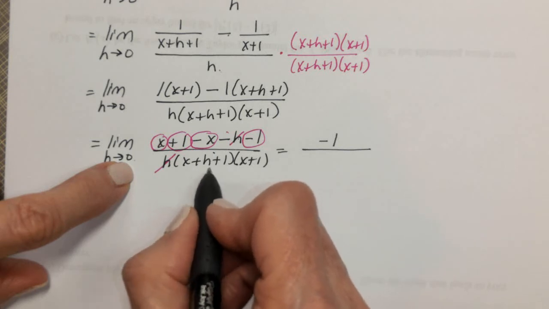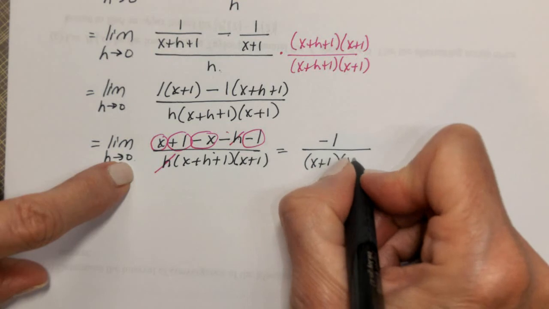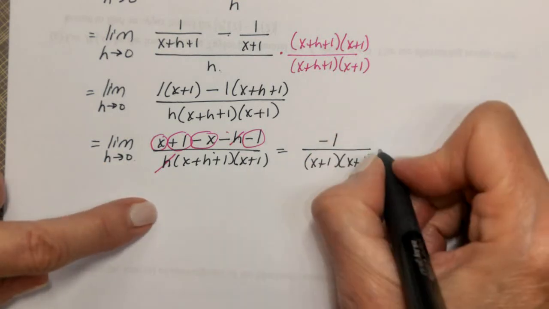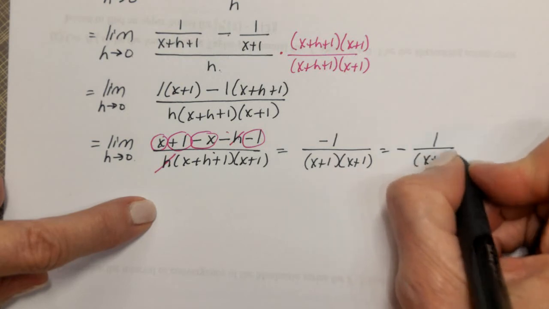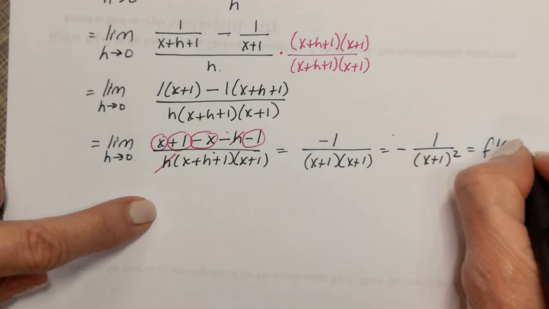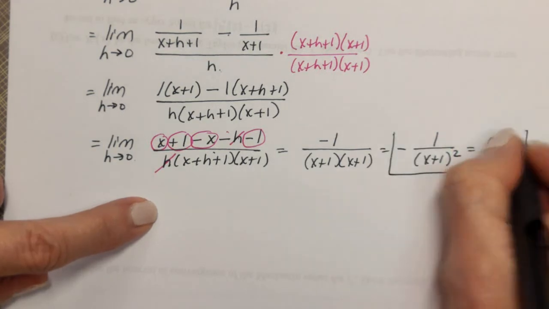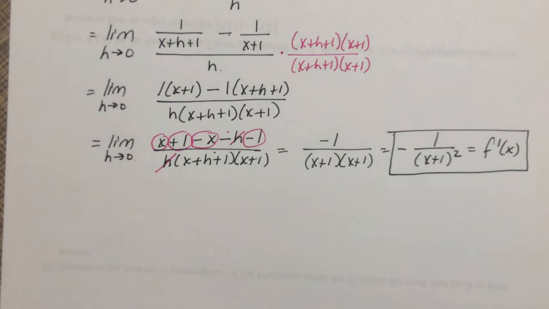So the remaining h is right here, so I'll have x plus 1 times x plus 1, and this would be negative 1 over x plus 1 squared. That is f prime of x, the derivative of f. The instantaneous rate of change of f, the slope of the tangent line to f at any x value we like.